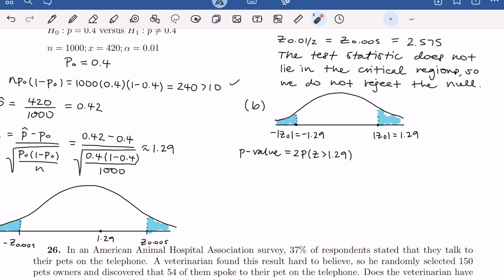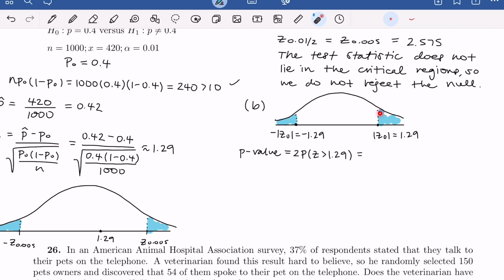So just to emphasize what's going on here, we're looking for this p-value, which is going to be twice this quantity, because just this quantity here, this probability is going to be the area under the curve to the right of our test statistic. And if we multiply that by 2, we're going to get exactly the area under the curve to the left of this guy. However, we know from previous videos that if we want to find this area, we're going to use our standard normal distribution table, but that table gives us the area under the curve to the left of our z-score.